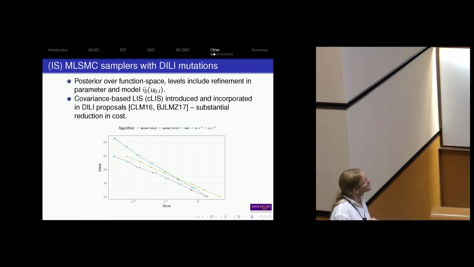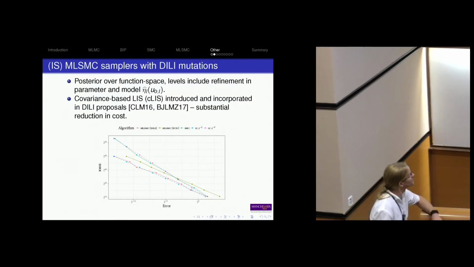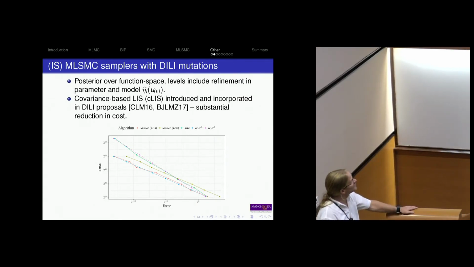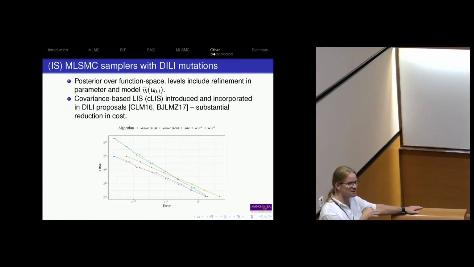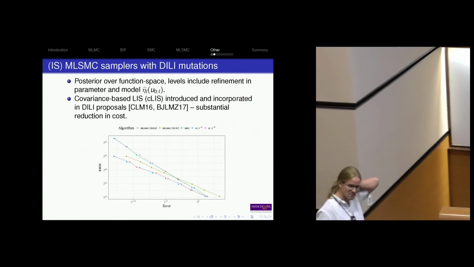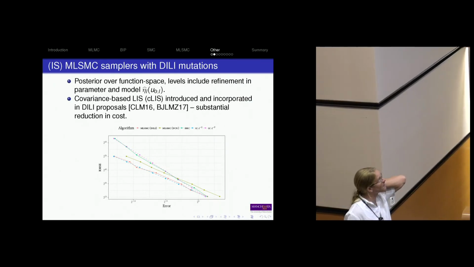So we have the same rate because we're not going to get any better rate when we're doing the same algorithm, but we do pick up this constant. And this work is ongoing as well, and it's not unrelated to this dimension independent version of RTO that TC was talking about last week, and I think he's going to talk about some other work in that area later this week.